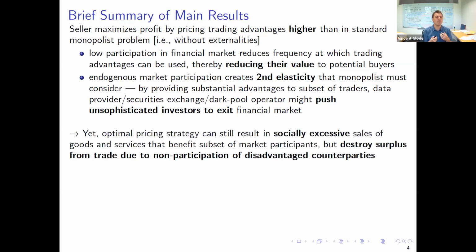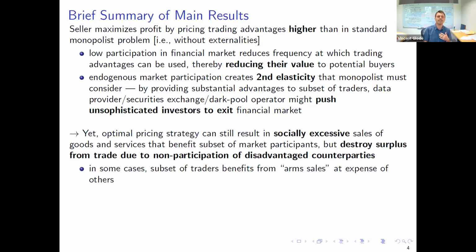So the optimal pricing strategy for the seller might still result in what we call socially excessive sales of these trading advantages. These trading advantages will benefit a subset of market participants, but they will destroy surplus from trade due to the non-participation of myself and Xingtan. In some cases, the subset of traders that acquire the trading advantage will benefit from acquiring it, right?